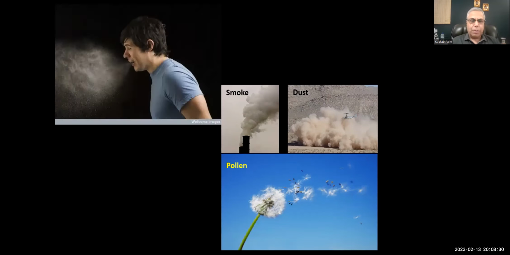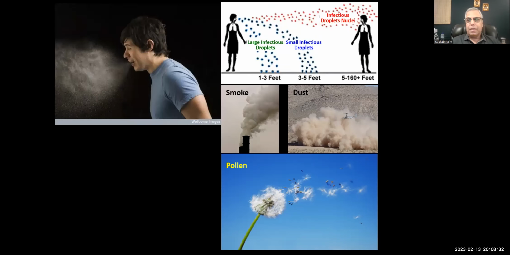So similarly, when a person sneezes, the particles that come out of his mouth are of different sizes. Some are large droplets that fall just 1 to 3 feet away. There are smaller droplets that fall down 3 to 5 feet away, and then there are very small micro droplets that float in air for some time.